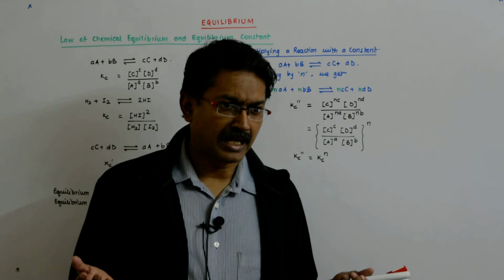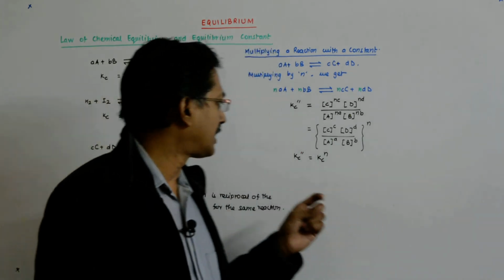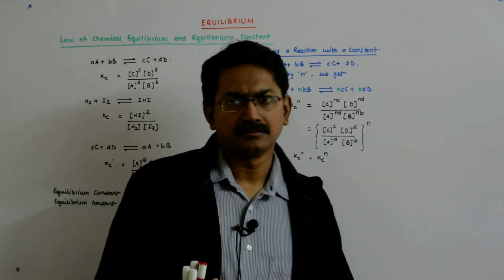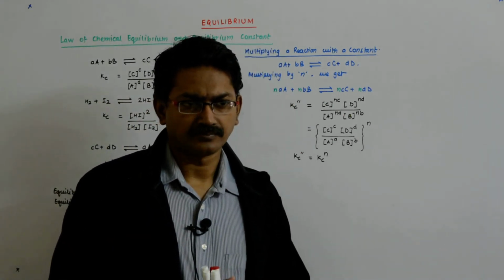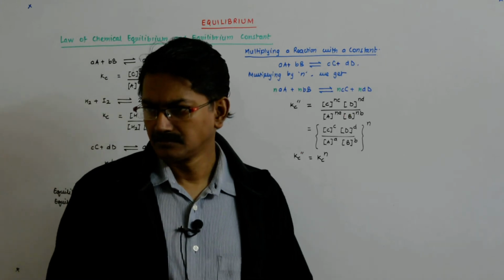Now what happens? You multiply both sides by, say, 20.